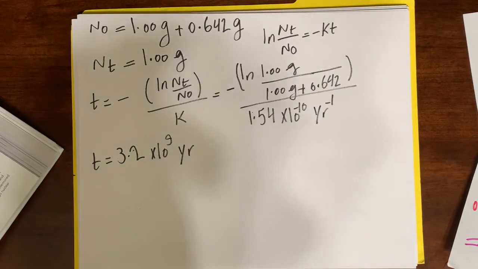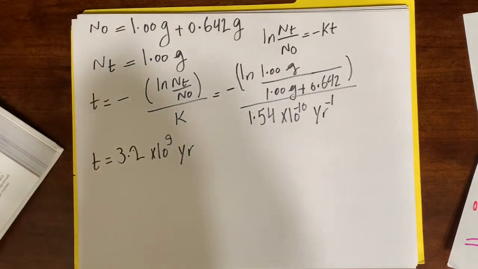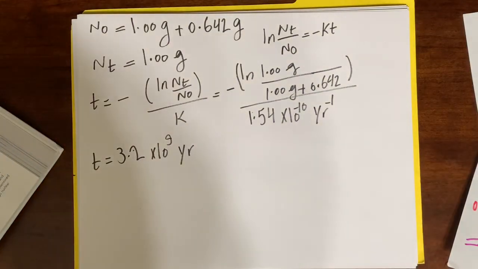Okay. So this is the second example about using the first order formula to calculate the age of one radioactive compound, or say, age of one ancient object.